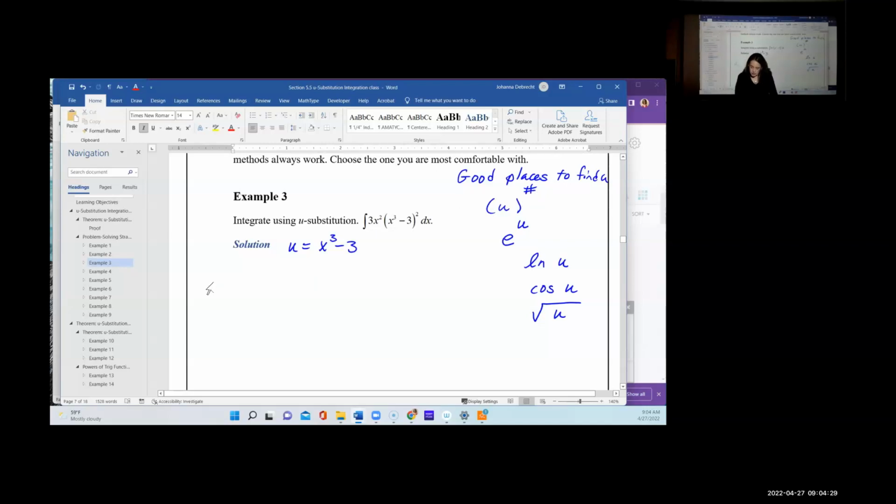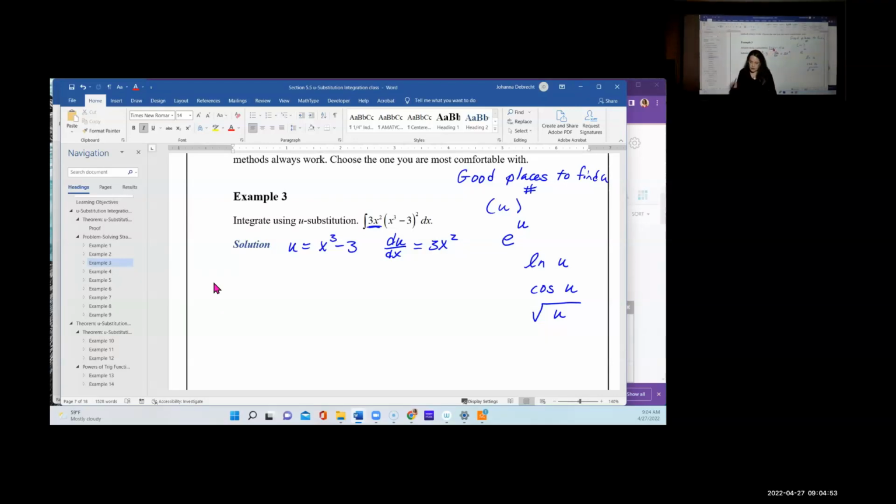The other reason it should be u is that when we take the derivative of it, and we get du dx, we get 3x squared. And we can see that 3x squared is a part of the integrand itself.